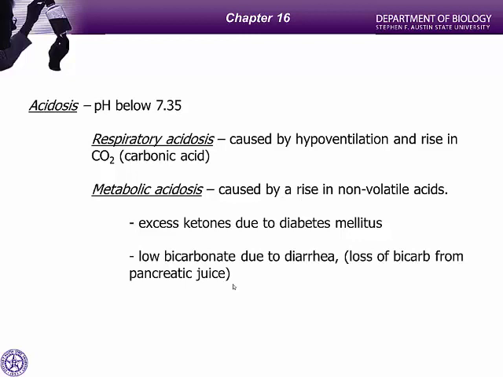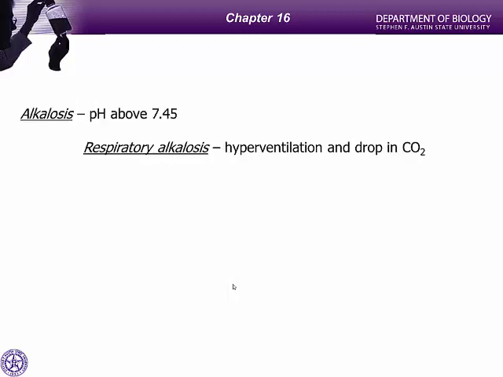Or in this case, our pancreas produces a lot of sodium bicarb to offset the acids that are present from our stomach coming into our intestines. But if we have diarrhea, then we're going to be flushing that bicarb out of our body before we can absorb it. So we will be losing a lot of bicarb and have too much acid, and so that results in metabolic acidosis.